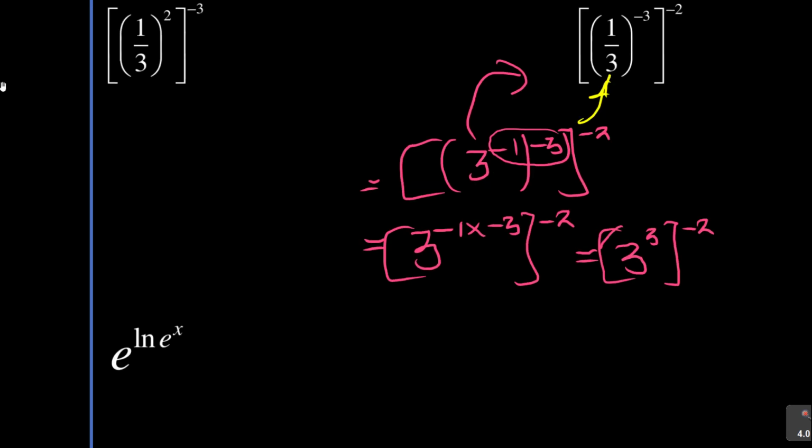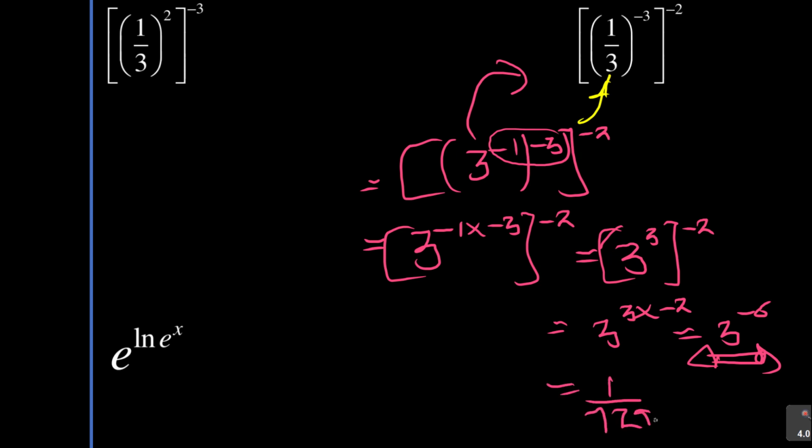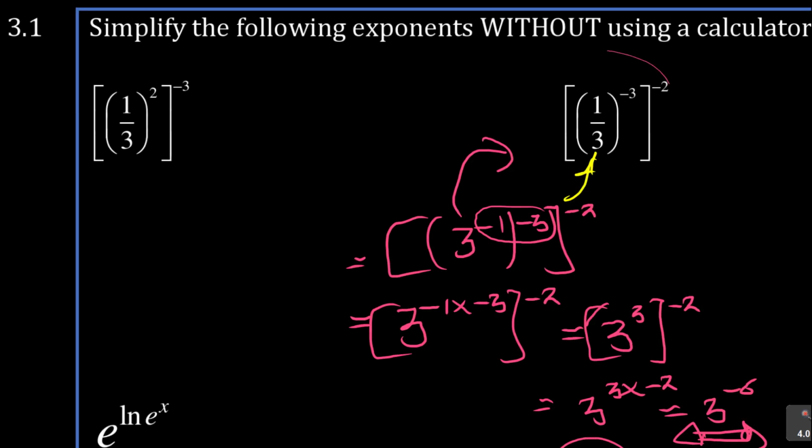If you continue, you get 3 to the power of 3 times -2, which is 3 to the power of -6. They need to see that working. They say don't use a calculator, so you leave it like that. But if you check with the calculator, 3 to the power of -6 will give you 1/729, I think, so you can test your calculator and see whether it matches the answer there.